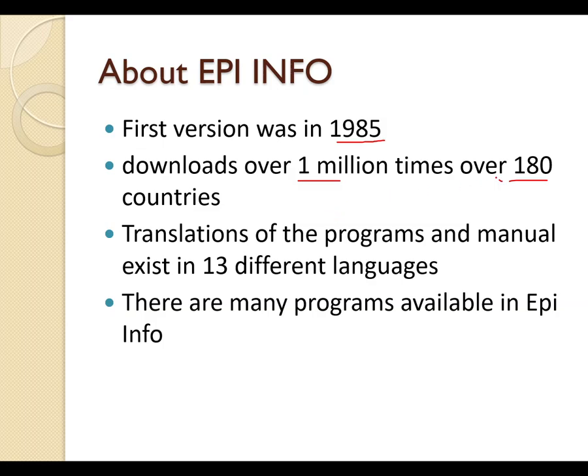So then almost all the countries are using this. Then translations of the programs and manuals exist in 13 different languages. So the program had been translated to multiple languages. So there are many programs available in Epi Info. That's fine. Epi Info is an all-in-one product. It has sub-programs to do all the works required by the medical experts.